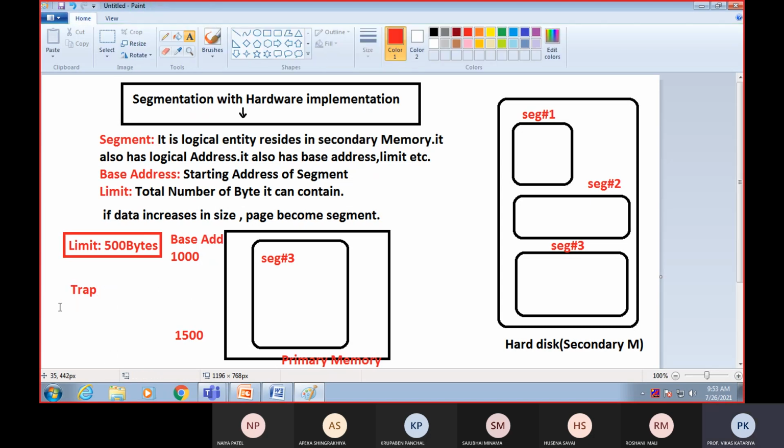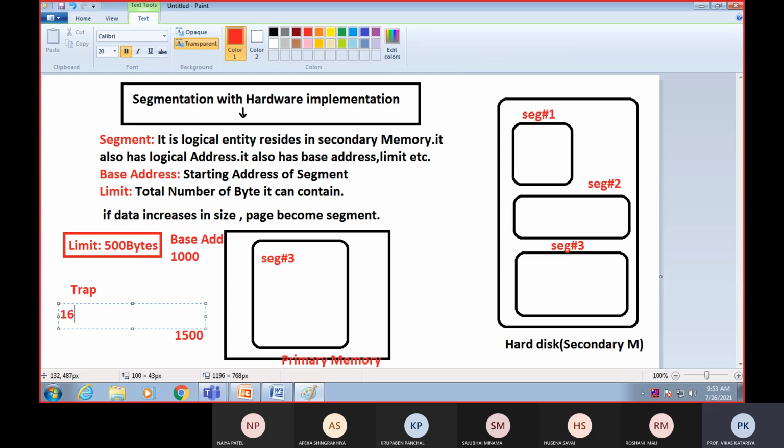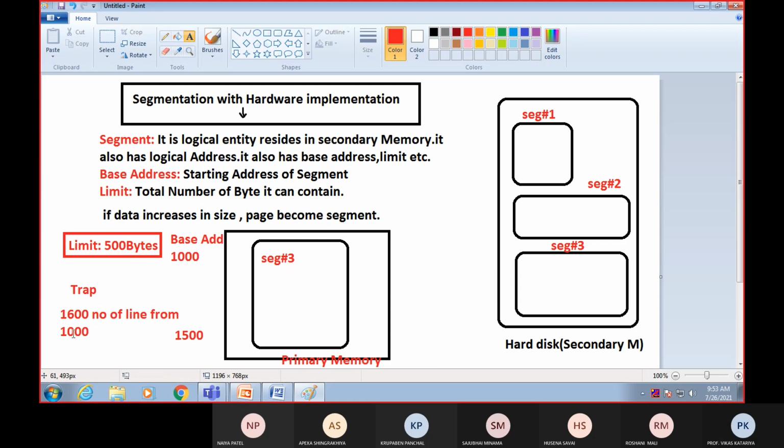For example, if you want to generate an address for line number 1600 from base address 1000. So let's analyze. We have to generate an address for line 1600.